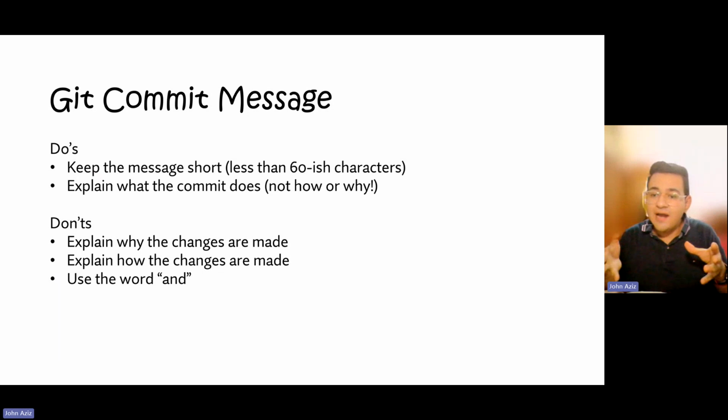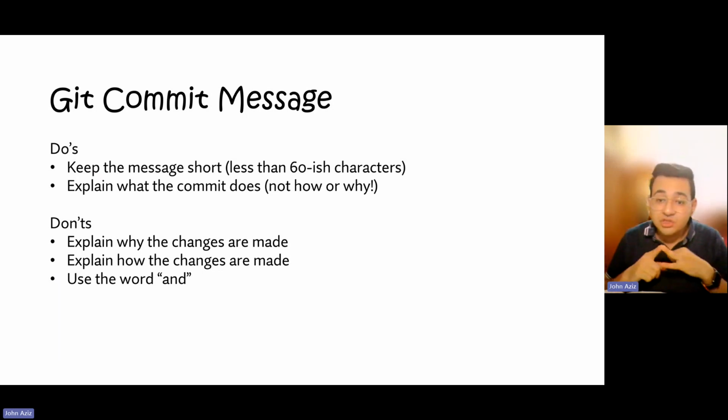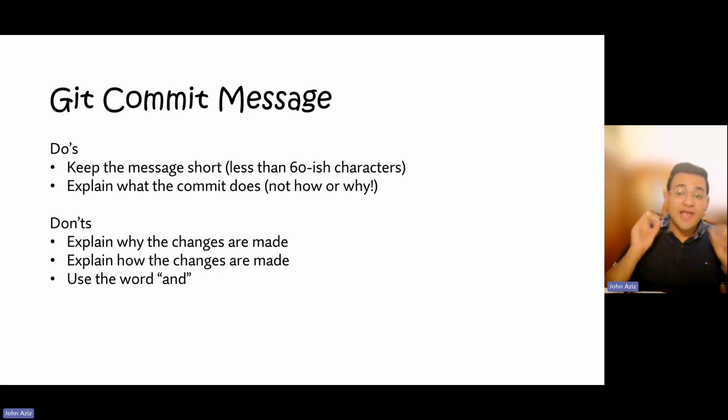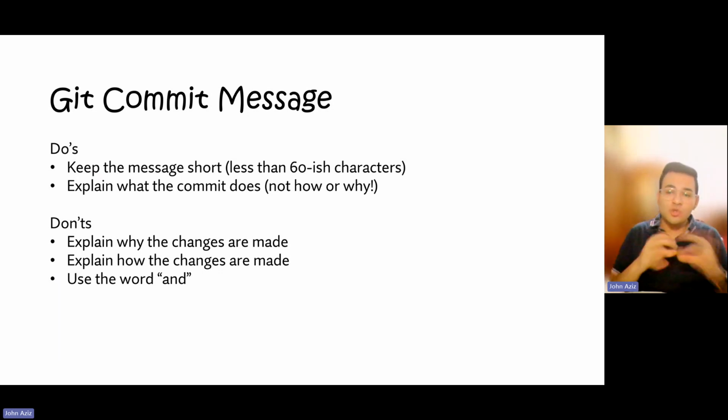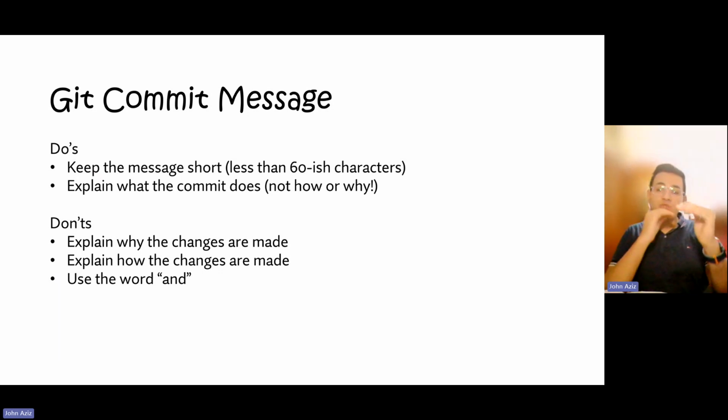Does it fix an error? Does it add a new feature? Does it address something in our code? And don't explain why the changes are made, or how the changes are made, in your git commit message, or use the word and. If you are using the word and, that means you have done so many changes that you need to separate them into two different git commits.